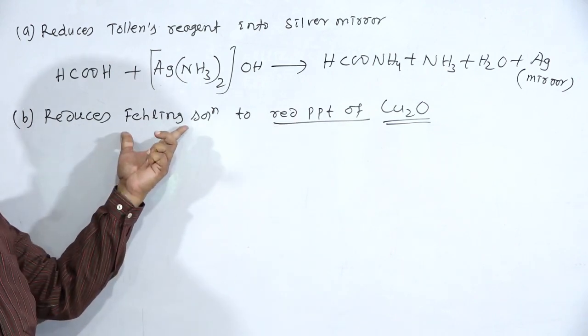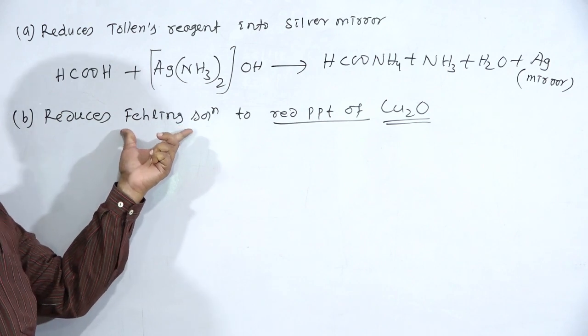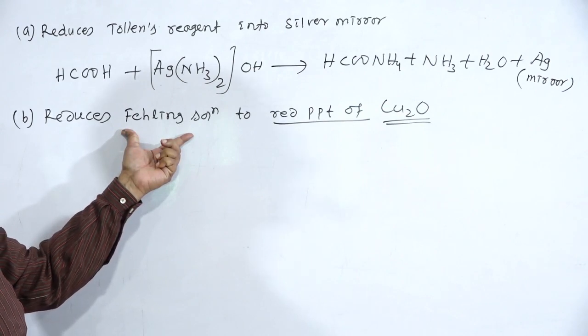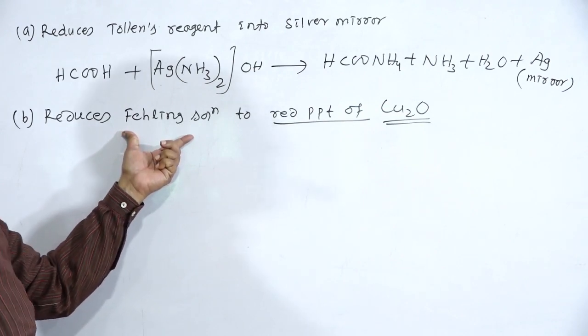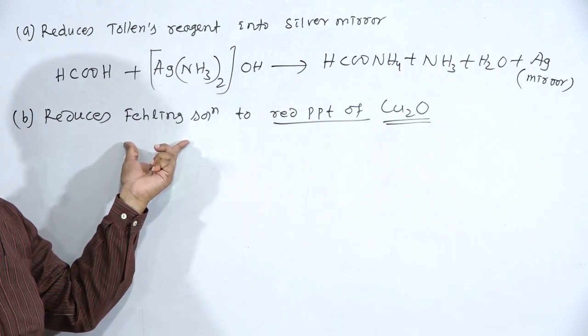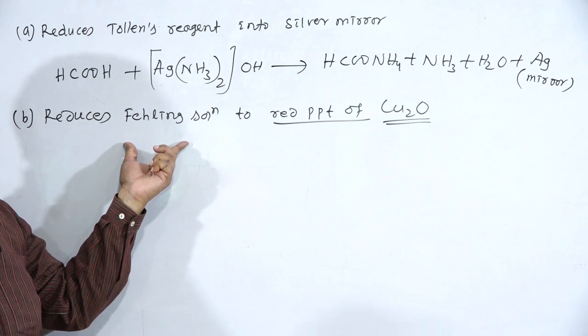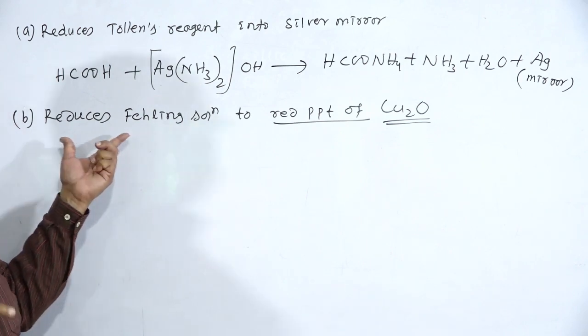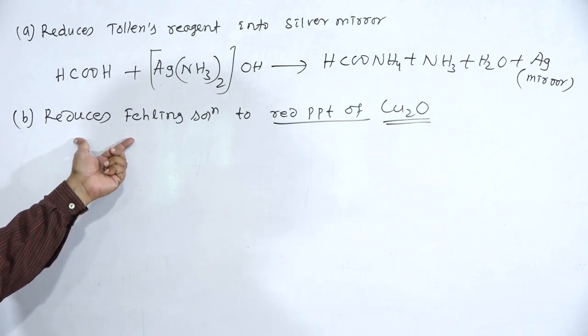What is Fehling solution? Fehling solution is a mixture of Fehling A and Fehling B. Fehling A is alkaline copper sulfate. Fehling B is an alkaline solution of sodium potassium tartrate, otherwise known as Rochelle salt.